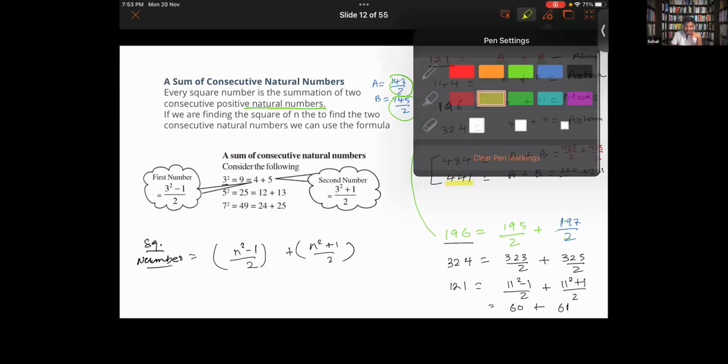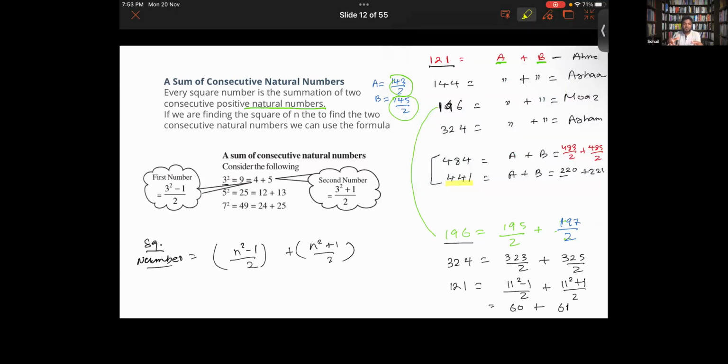Now you guys tell me, for which square numbers are we getting the summation as the sum of two positive natural numbers? In fractions we are not getting answers. For which value? Sir, 121 and 441, numbers ending with 1. No, that is not the thing here.